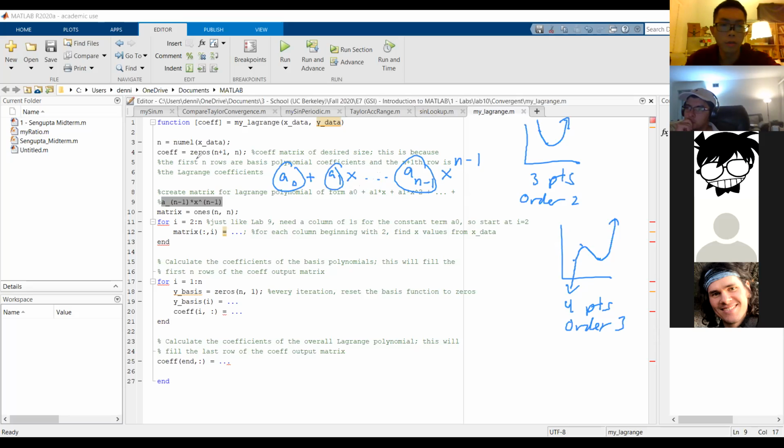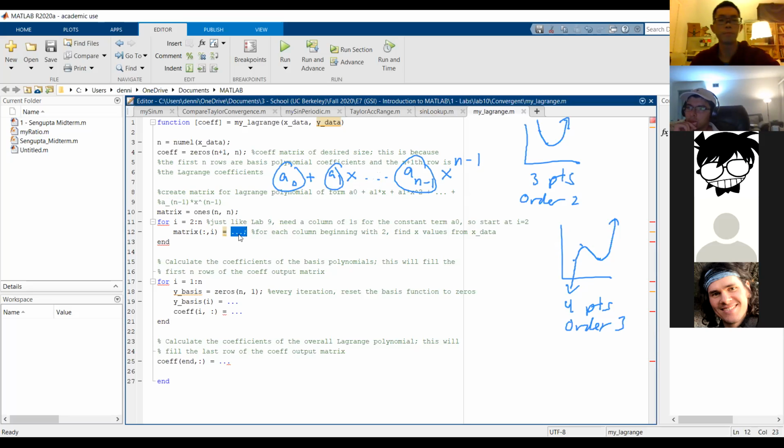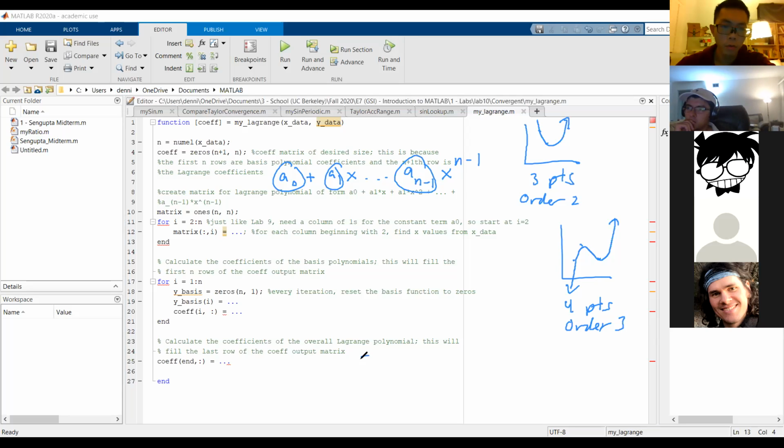Okay, and matrix over here. So here's the first part. What goes in this blank, I wonder? Okay, so start at i equals 2. I see. We'll have our matrix. I'll draw it down here, but know this corresponds to line 12.